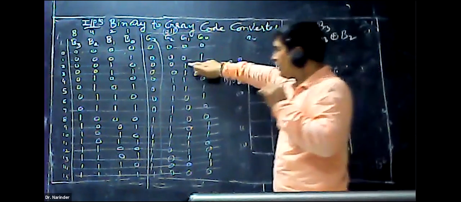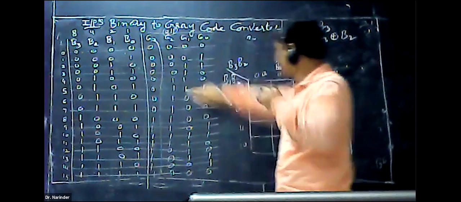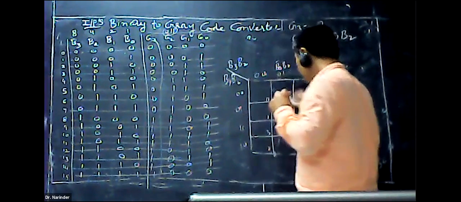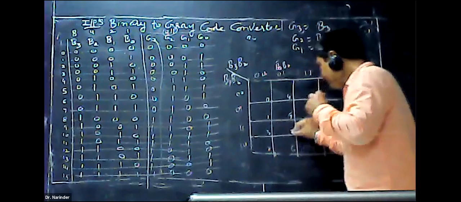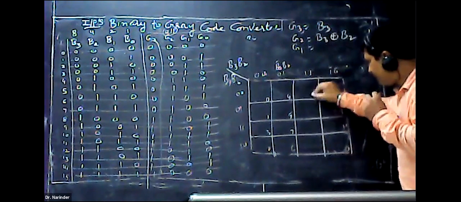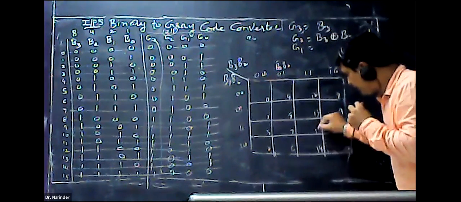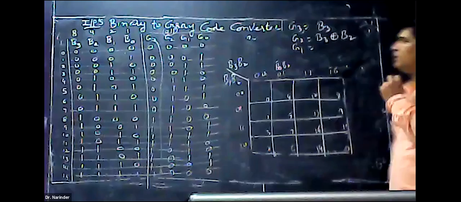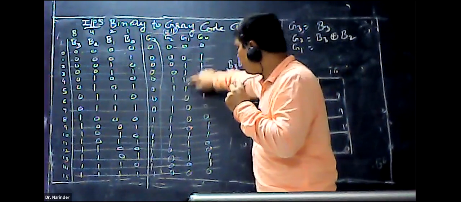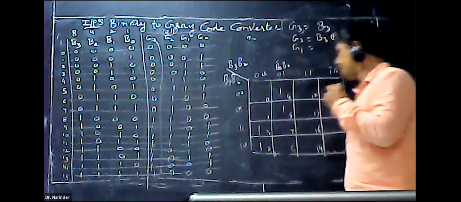For G1, you will have 2, 3, 4, 5. There is a 1. Firstly, you have to number it 0, 1, 2, 3, 4, 5, 6, 7, 8, 9, 10, 11, 12, 13, 14, 15. For G1, 2, 3, 4, 5, you have to write 1.